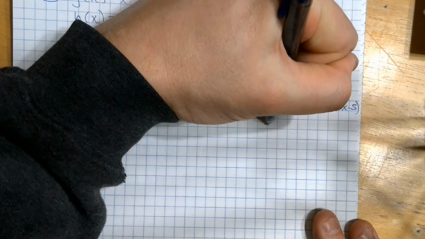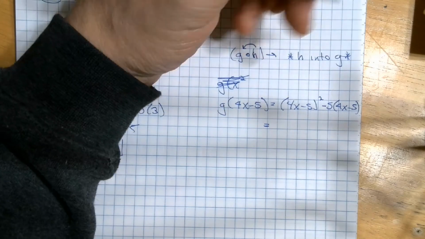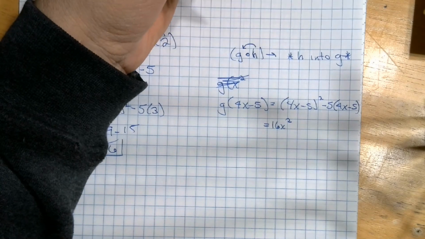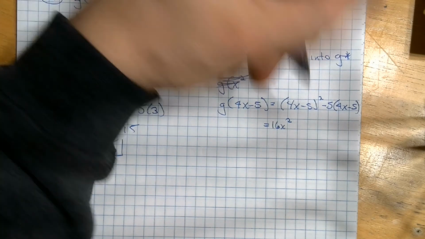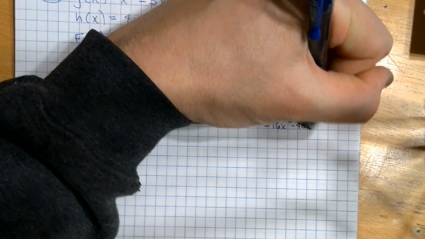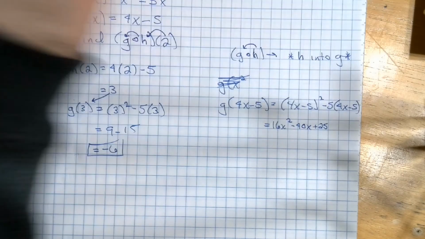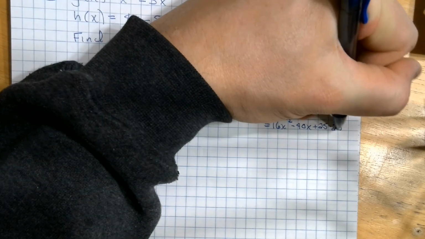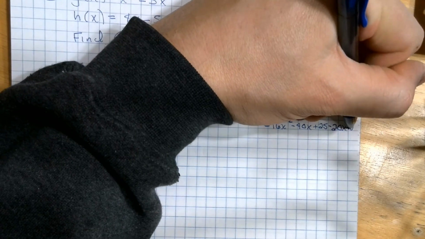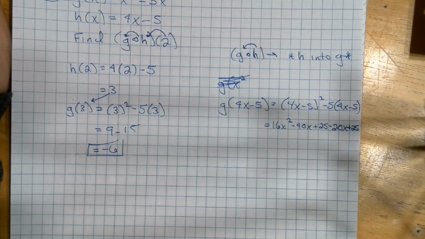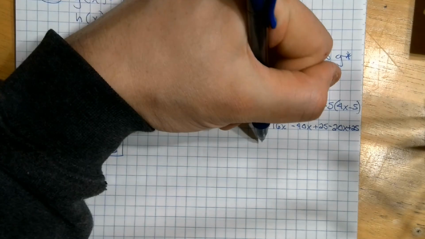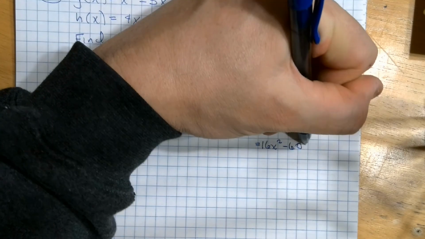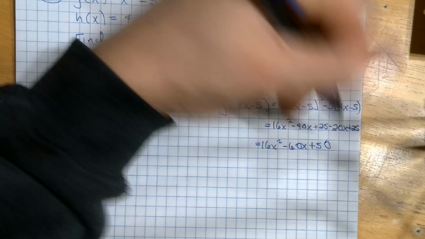And so, I'm going to do a quick magic squares here in my head, or a FOIL. We get 16x squared, minus 40x plus 25. And then if I distribute this, I get minus 20x plus 25. And so, if I clean this up, I get 16x squared minus 60x plus 50.